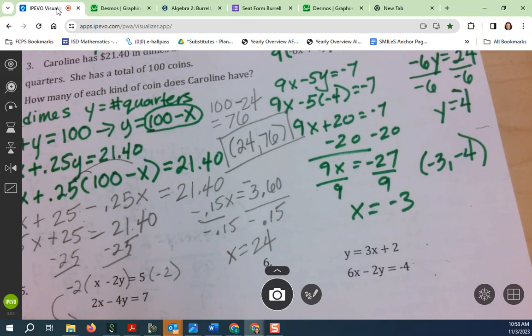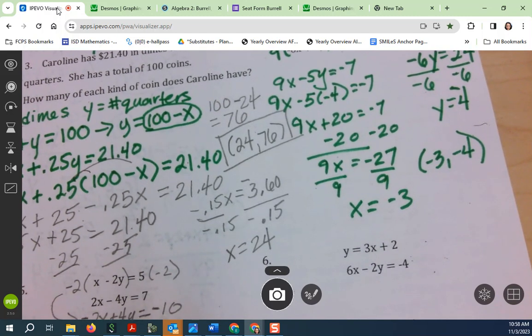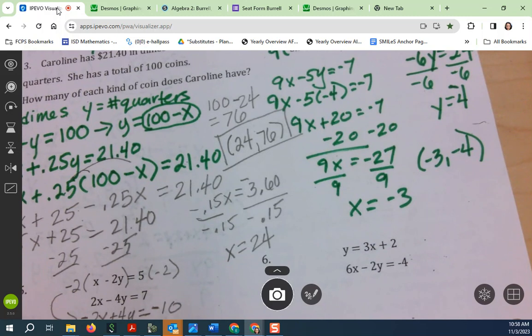So when I bring this down, I get -2x plus 4y equals -10.